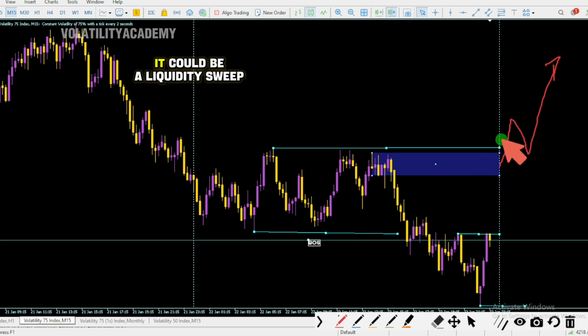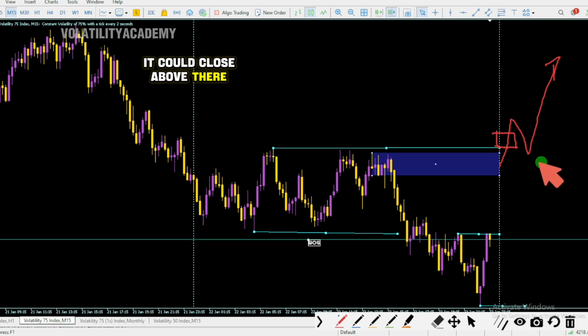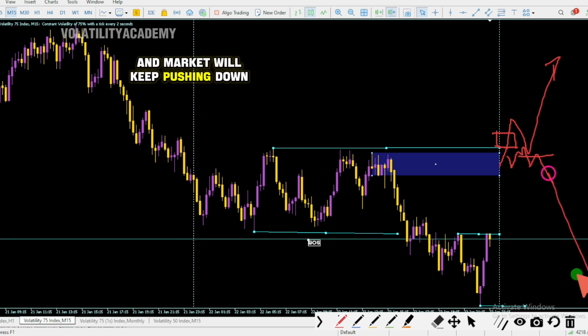It could be a liquidity sweep. It could close above this line, which is our correct trading range. It could close above there, but on the lower time frame, like say M5 or M1, we may end up getting a break of structure to the downside, and markets will keep pushing down.